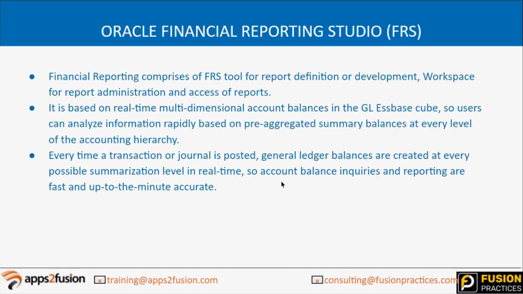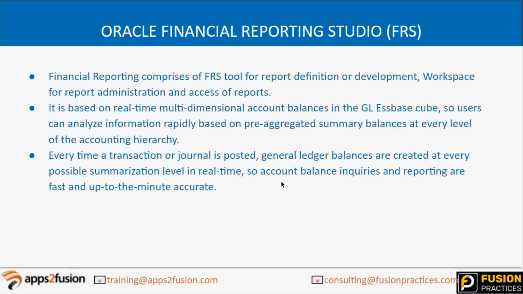But here in the GL Essbase Cube, since all your segments are dimensions, you don't have to worry about checking your code combination segments one by one. For example, what is my cost center, what should be the respective balance amount that I should be considering. All those kinds of single level viewing you need not worry about.